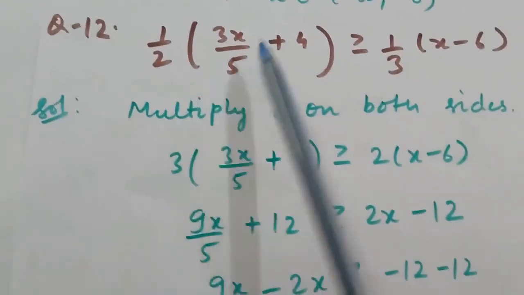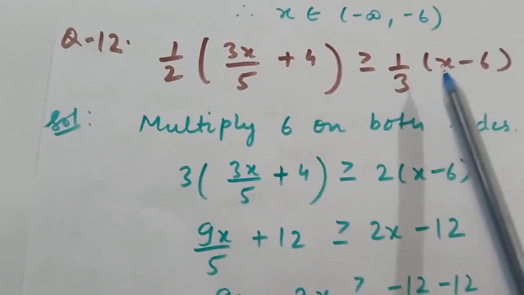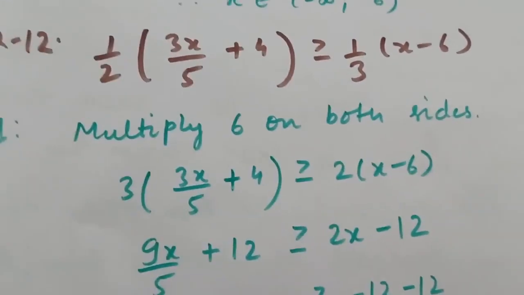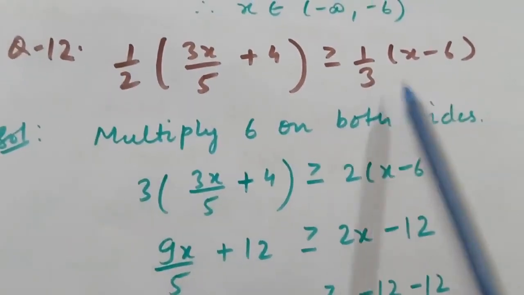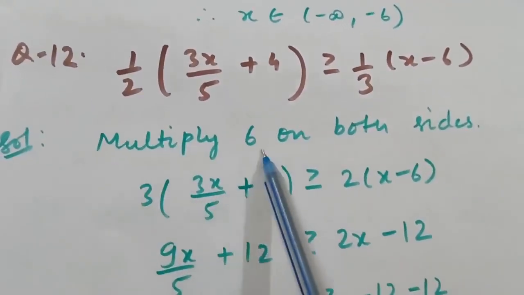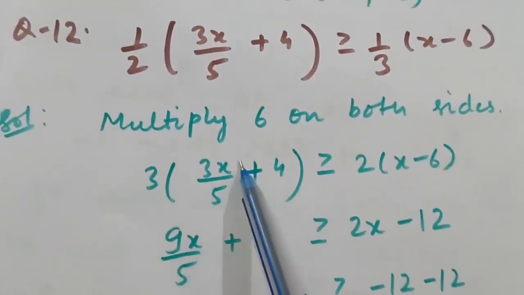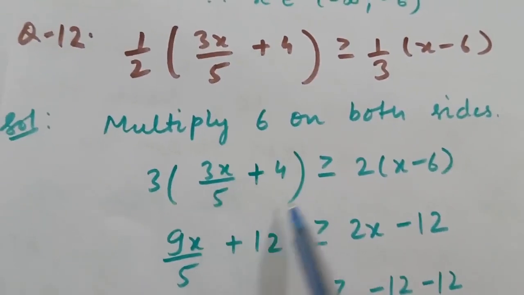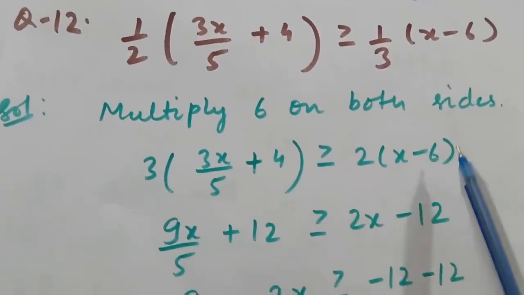Now question number 12. (1/2)(3x/5 + 4) ≥ (1/3)(x - 6). Now see here the denominator is 2, here the denominator is 3. So multiplying with the LCM of 3 and 2, which is 6, multiply 6 on both sides. You will get 3 into the same term, 3(3x/5 + 4) ≥ 2(x - 6).